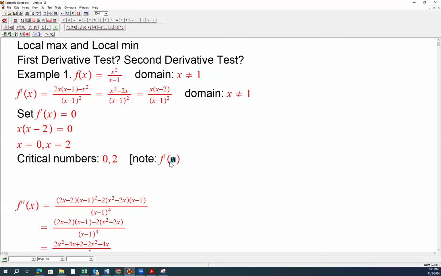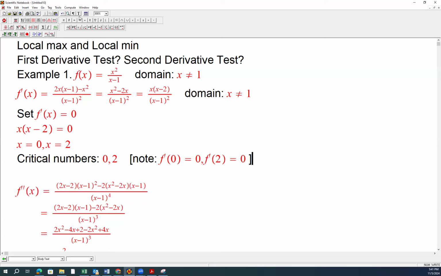It's just for our information. The first order derivative at 0 is 0, and the first order derivative at 2 is 0. It's just to reiterate that 0 and 2 are critical numbers.